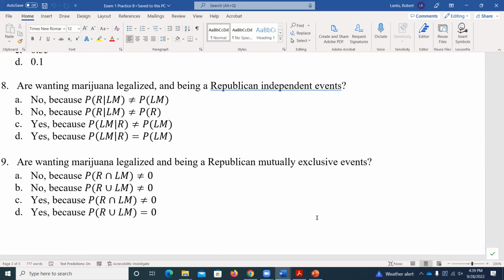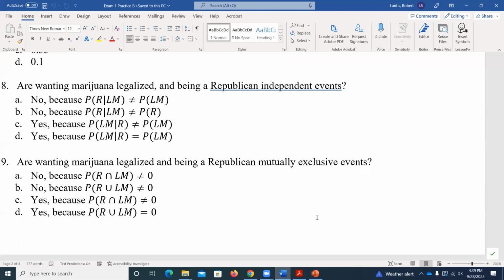So what if I wanted the probability of not wanting marijuana legalized, or, right, not being Republican? So here I want the union of two events.